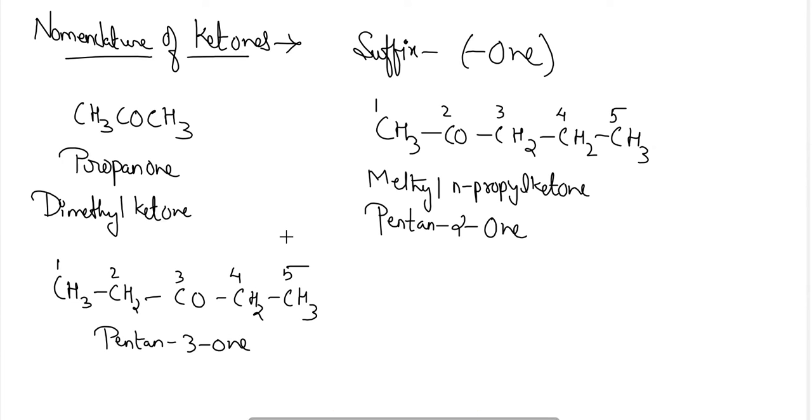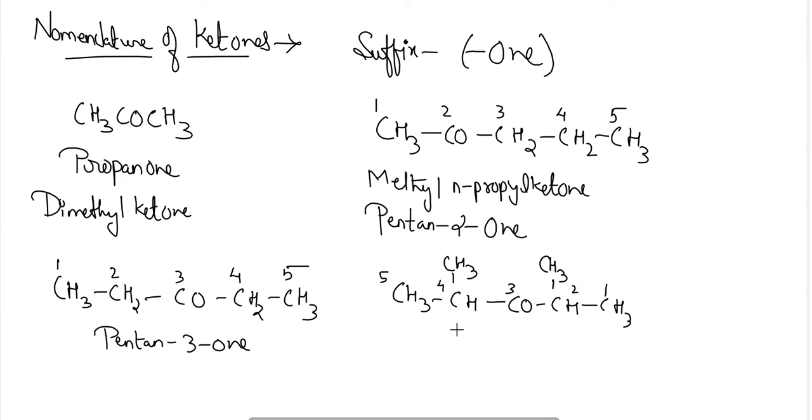Next compound, next example here is CH3 CH CH3 CO CH CH3 CH3. Okay, so for the name of this compound, we will first give the numbers 3, 4, 5.